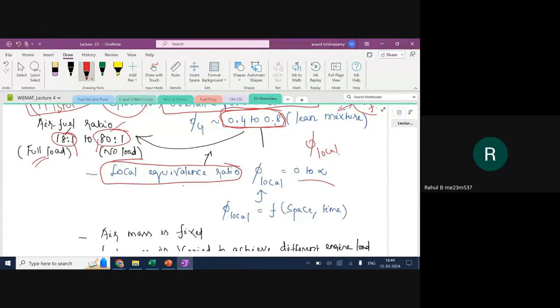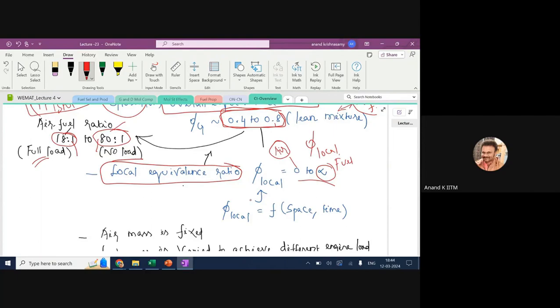Zero means no fuel available, and infinite is no air. Exactly. So 0 is nothing but you have only air. There are regions in the combustion chamber which don't have any fuel at all. Then the equivalence ratio local value is 0. You have regions in the combustion chamber wherein you have only fuel, you don't have air at all.